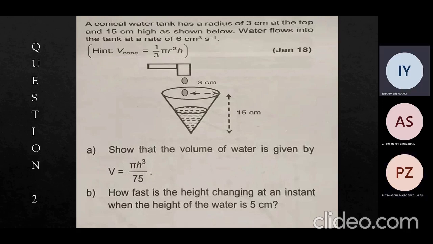The questions are: A, show that the volume of water is given by V equals pi h cubed over 75. And B, how fast is the height changing when the height of the water is 5 centimeters. Let's look at the solution for this question.